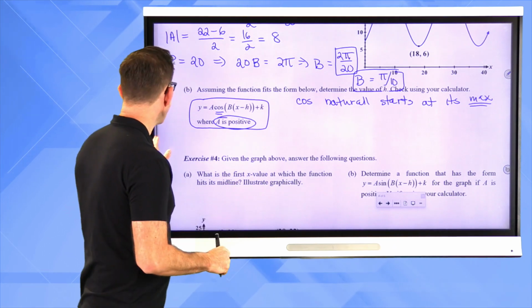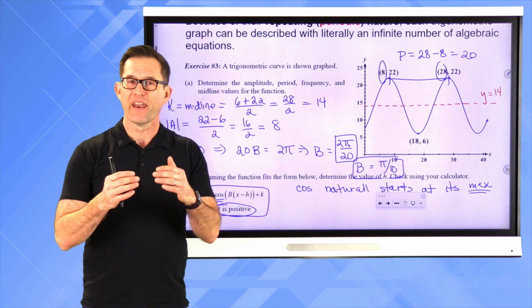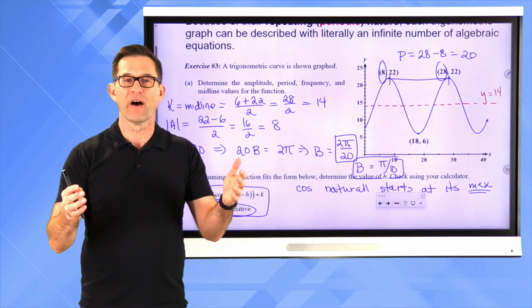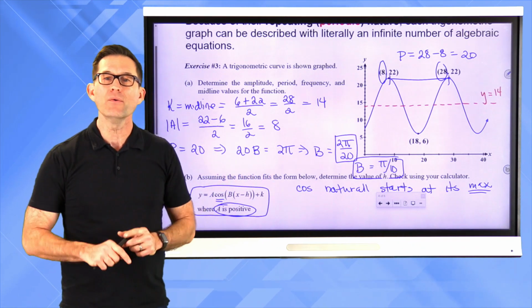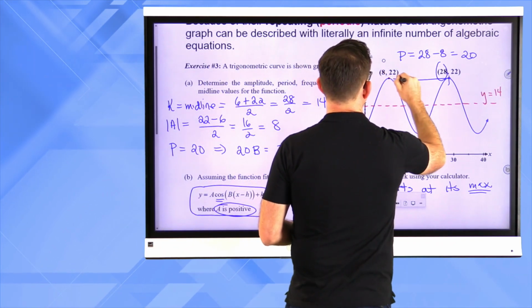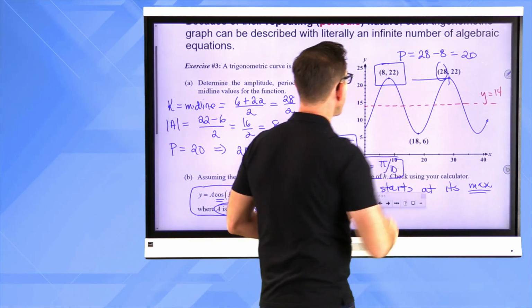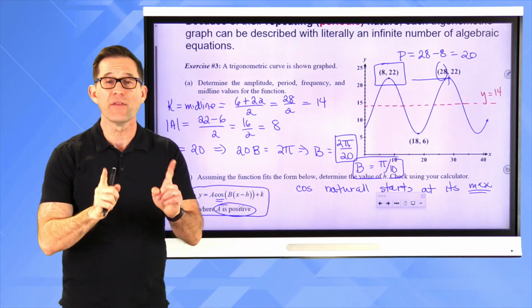Okay, so if you want a cosine curve that has a positive a value, what you do is you look for your first maximum, or any maximum for that matter. But I want my first maximum in this case, right there.